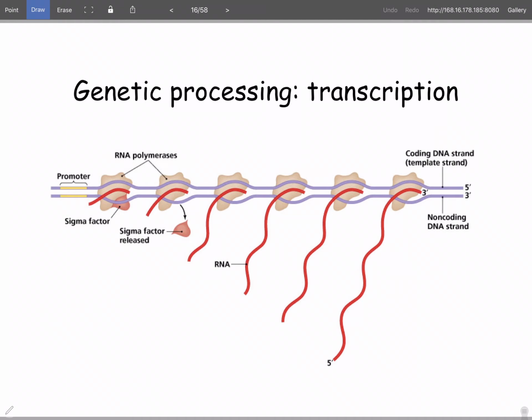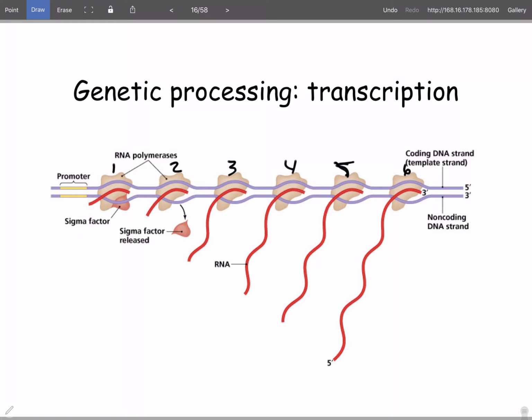Each one of these is a unique RNA polymerase. So here's one RNA polymerase, 2, 3, 4, 5, 6. The sixth one started transcription, okay, proceeded along, and then 5 here came and jumped on that promoter and started transcription right after it. So this is like one snapshot in time.